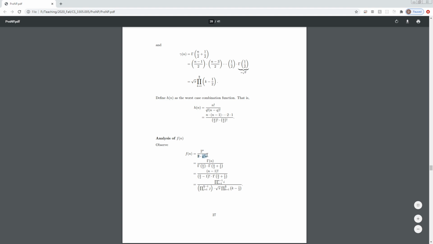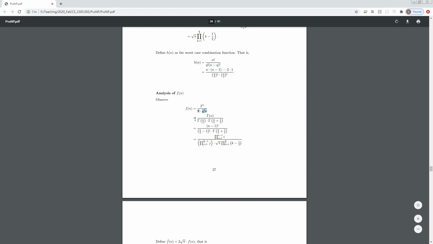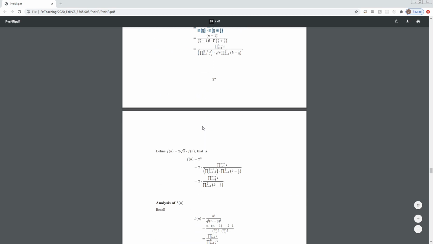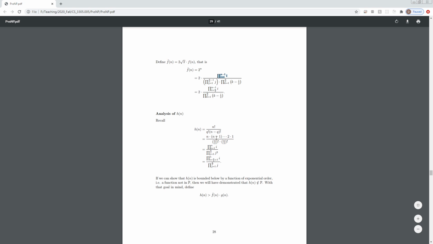So we can get this as just 2 to the n, by multiplying this times the right side of the equation. So we do that here. So now we have f tilde is exactly 2 to the n. And so now we have 2 times this. And the square root of pi canceled out. But we're still left with this inconvenient 1/2 one. And then we have most of what we're looking for over here.